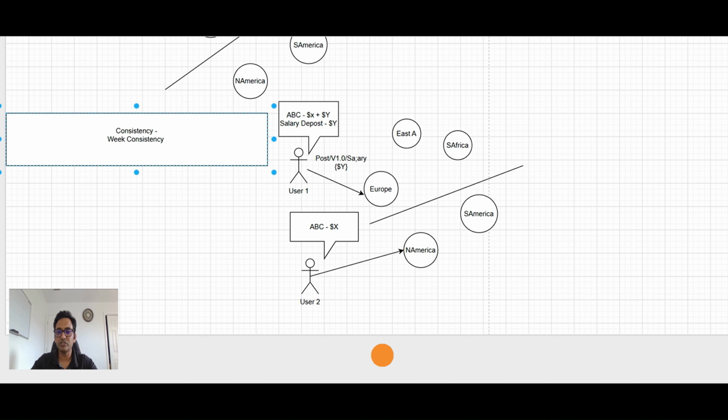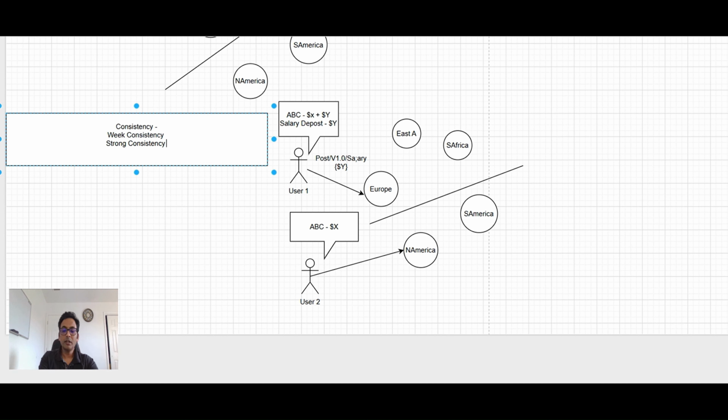So the balance still retains $X, and user 1 and user 2 both see the same data, $X. That is strong consistency. Strong consistency means a change in the data succeeds only if it is propagated to all the servers, so at any moment all servers have the same data and data is consistent across the globe.